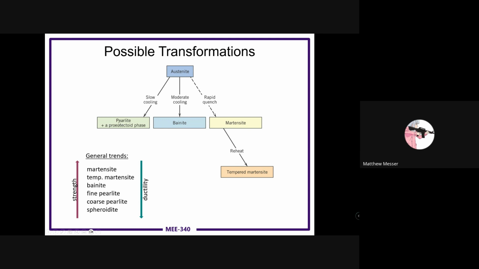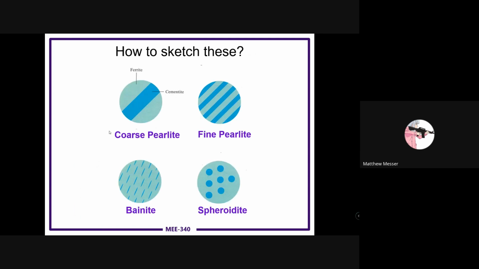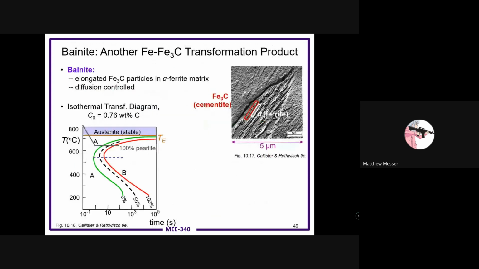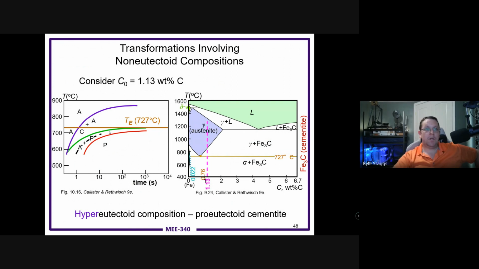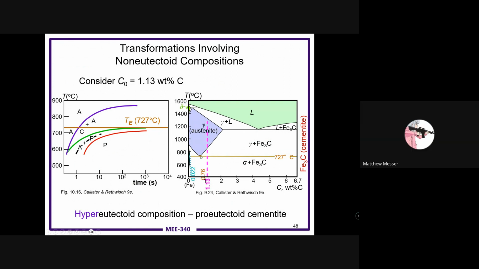Before, in chapter 9, when we talked about the hypereutectoid and the hypoeutectoid, for the hyper, the cementite formed inside the grains, and for the hypo, it was the ferrite that formed within the grains. How does that affect the ductility and the strength?